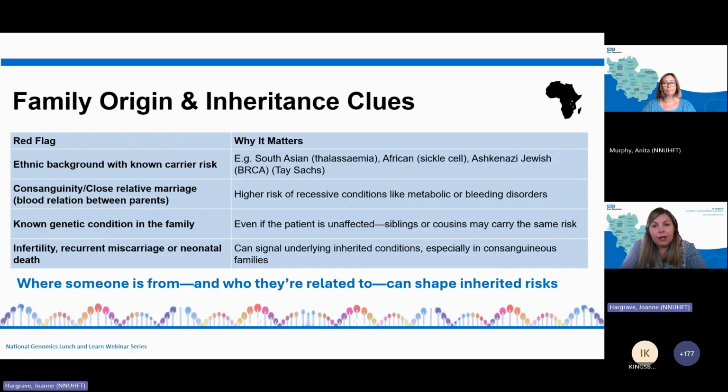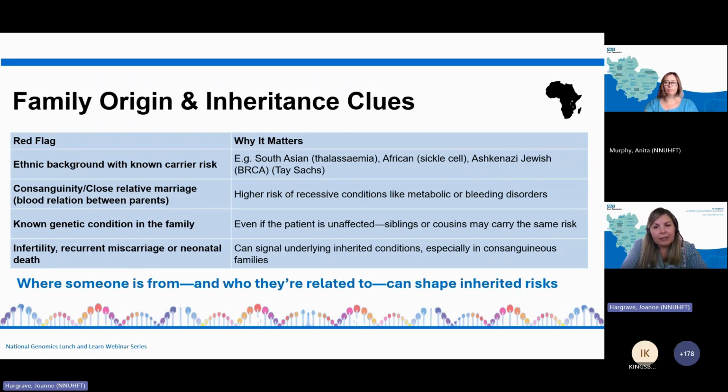If there's a known genetic condition within the family, even if the patient themselves is unaffected, other members of the family or a pregnancy may carry that same risk or chance. A family history of developmental delay or learning difficulties can also be a clue of inherited conditions, even if it hasn't formally been diagnosed.